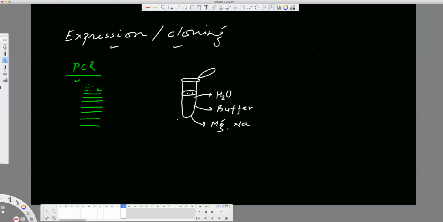You will also have your dNTPs, which are required. dNTPs are incorporated during your polymerase chain reaction, the replication reaction. You will of course need a polymerase enzyme, and in this case we use a thermostable Taq polymerase, right? Taq polymerase. And you of course need your source DNA that you want to amplify.